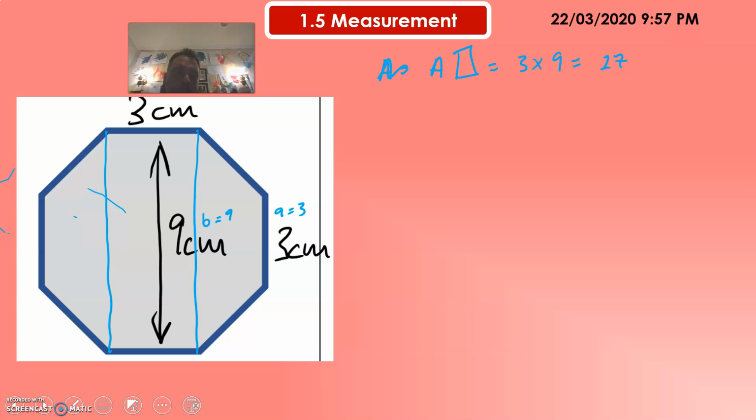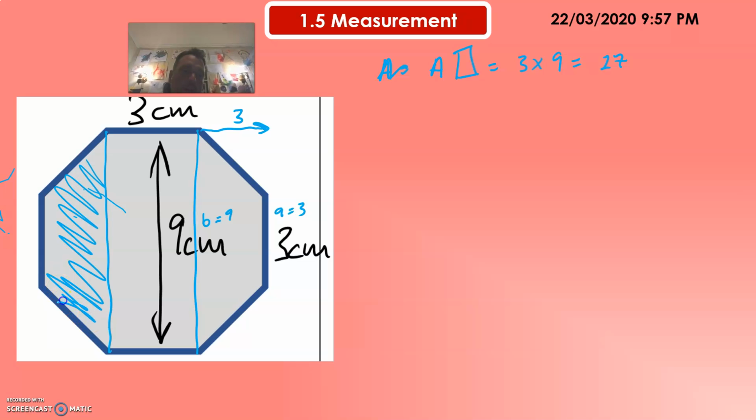Now we're assuming that this width is the same. So thinking that's 3. And also this trapezium is the same size. So if we double it, we get our answer. So the area of the trapezium is equal to (3 plus 9) over 2 times the height, which is 3. So that becomes 6 times 3, 18.